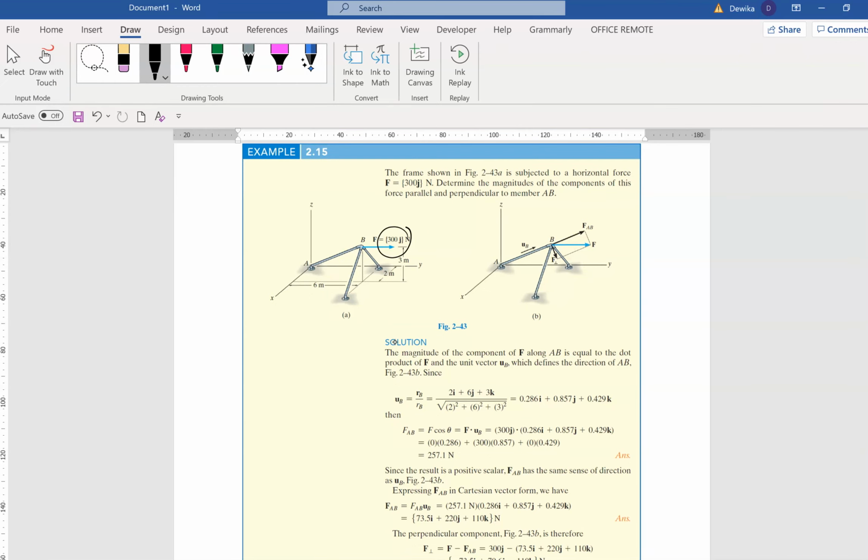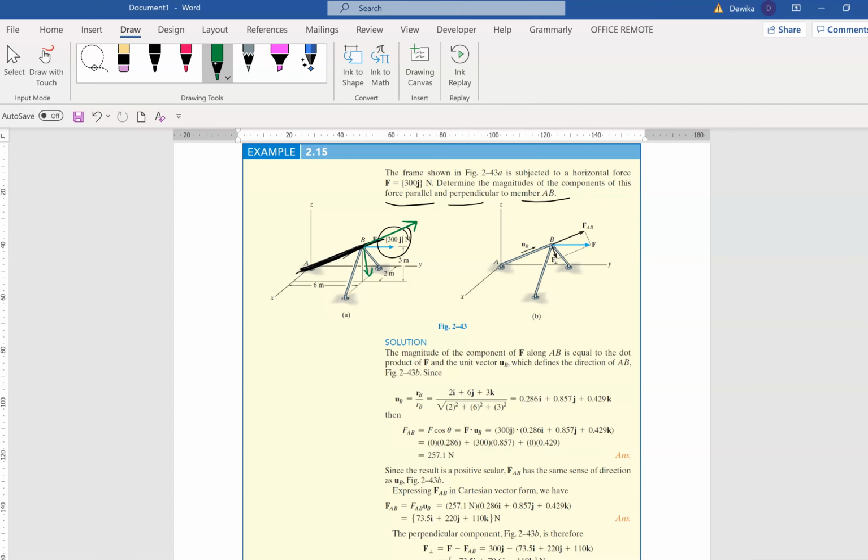So what's given is a force F of 300 j. They want you to determine the force parallel and the force perpendicular to member AB. So where is AB? AB is this line. So they want perpendicular and parallel forces. If I were to redraw this, it would be a force which is something like this and this.